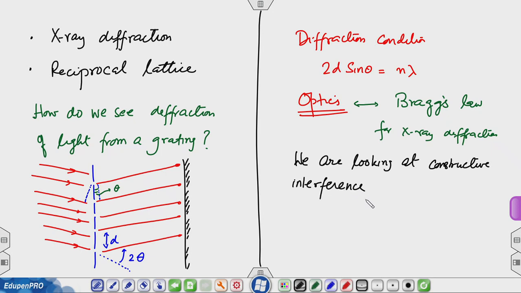And this interference is between waves coming from different slits.